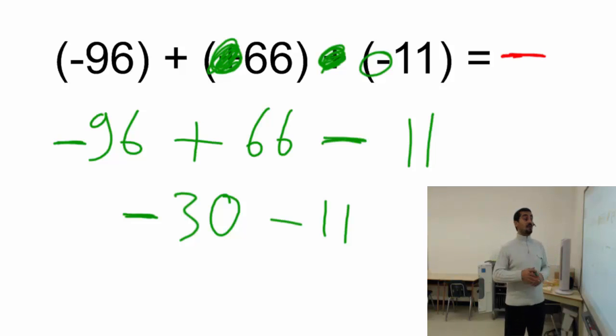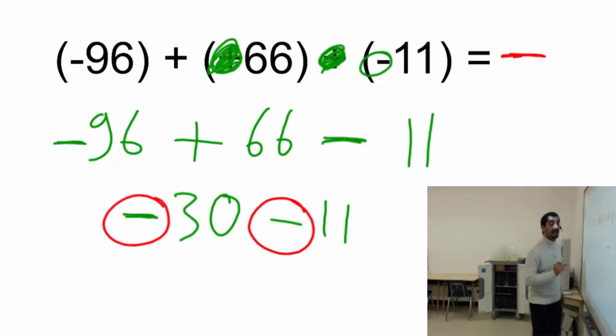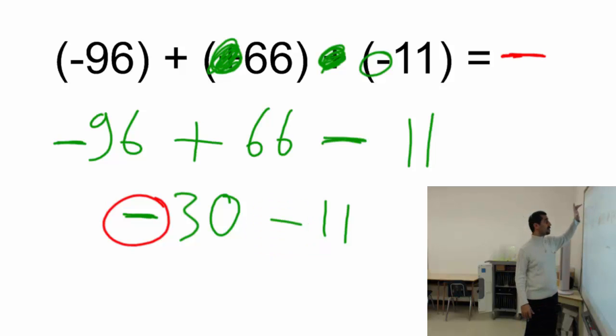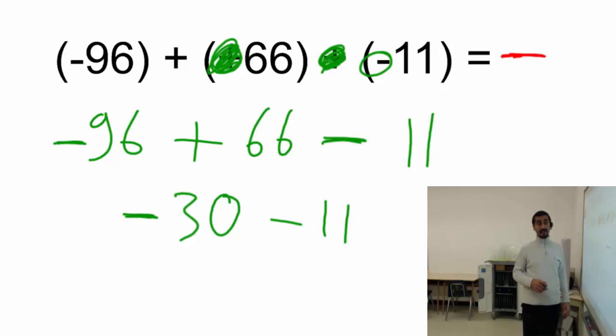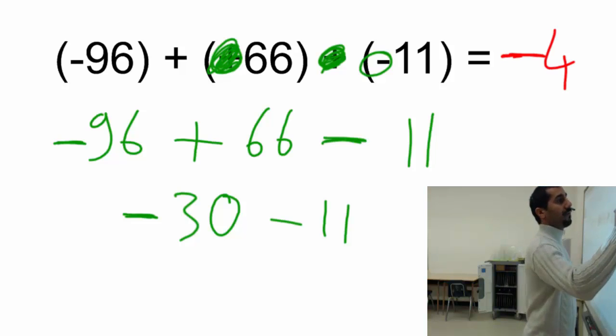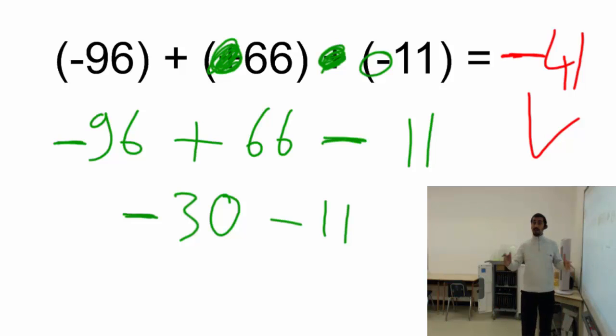Look at the signs, although it says subtract, I will add them. Why? Because both of them have exactly the same sign. Positive, positive, or negative, negative, doesn't matter. As long as they have the same sign, you will add them. 30 plus 11, 41. Done.